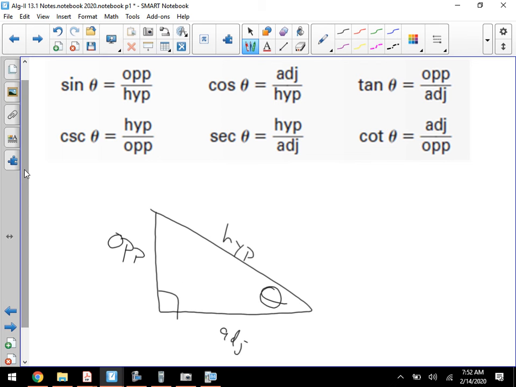Okay? The reciprocal trig functions are just that, flipped. It is cosecant, CSC, secant, and cotangent. All right, so this is cosecant, secant, and cotangent.